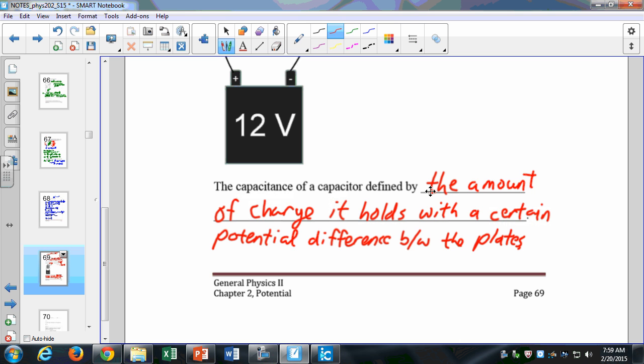So you apply a certain potential difference, you see how much charge it holds, you can measure that charge, and then that defines what the capacitance is.